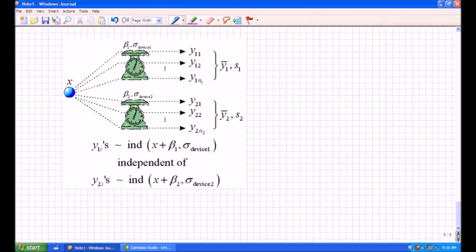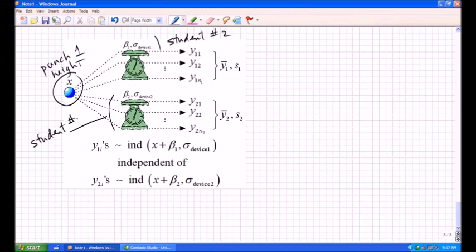I could think about this problem as one where this is punch 1 true height, and device number 1 over here, say, is student number 2, and the second device is, say, student number 3.